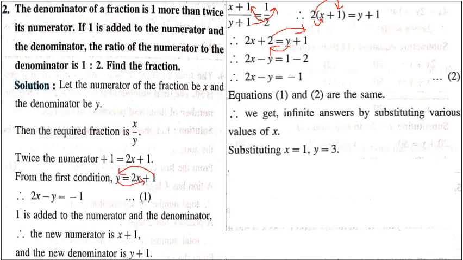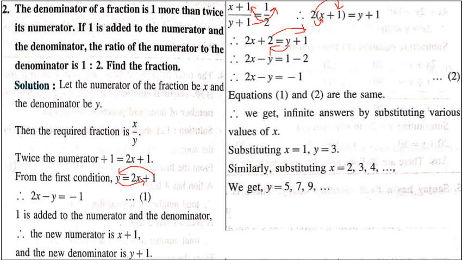So if x is equal to 1, y is equal to 3. Substituting x is equal to 2, 3, 4, we get y is equal to 5, 7, 9. So any one value presumed for x, accordingly you will get the value of y. Okay, so that's how you're going to solve this sum.